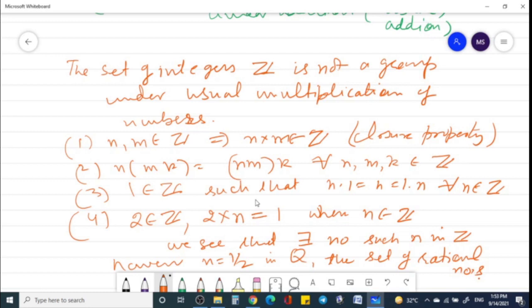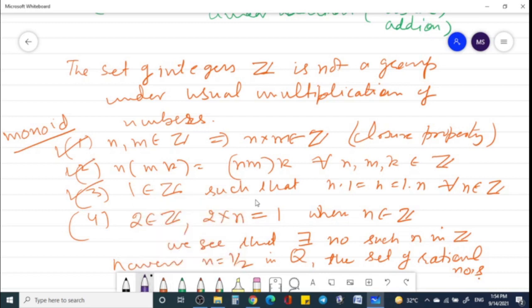Such types of structures are known as monoid. A monoid means a structure having closure property, associativity and existence of identity.